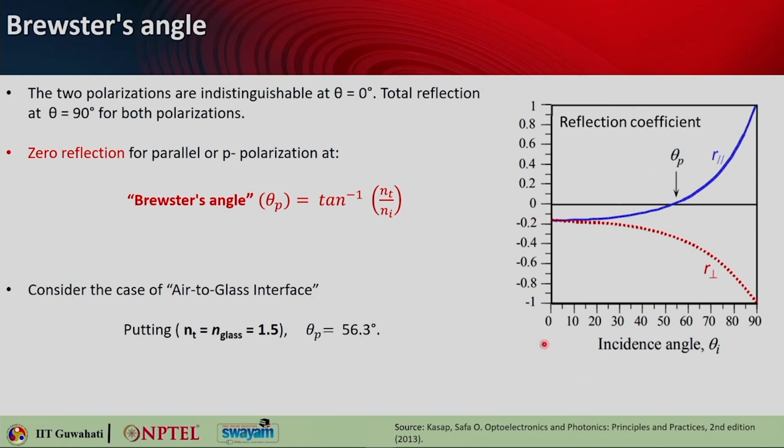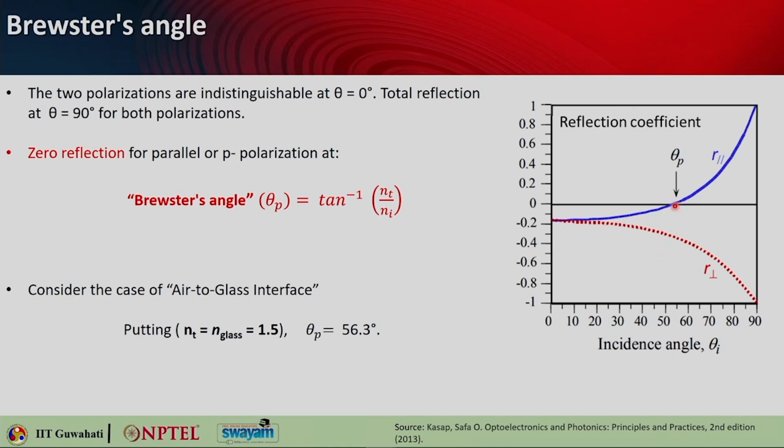So this is a plot that shows the reflection coefficient versus the incident angle. As you can see, this is for parallel polarization, this is for S polarization or perpendicular polarization. Both polarizations have the same reflection coefficient when the angle is 0, but as the angle increases they diverge, both having different values.